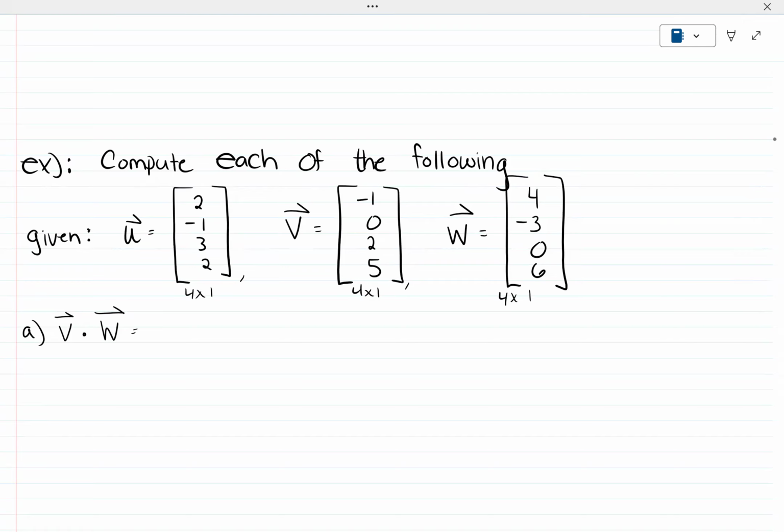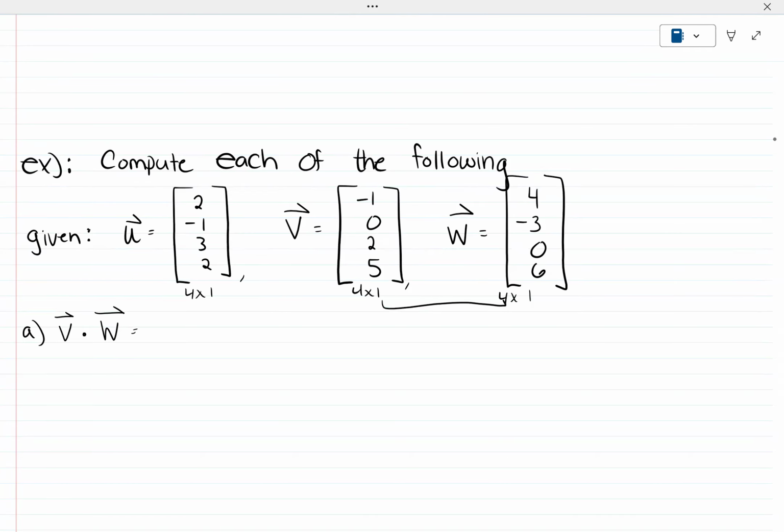Vector v is 4 by 1, one, two, three, four rows in one column, and vector w is also 4 by 1. You're probably thinking I can't multiply these two vectors because this has to be the same as this.